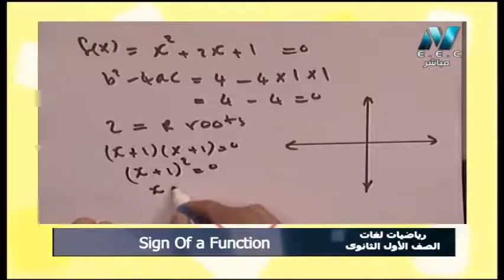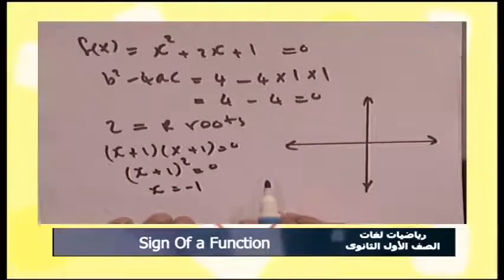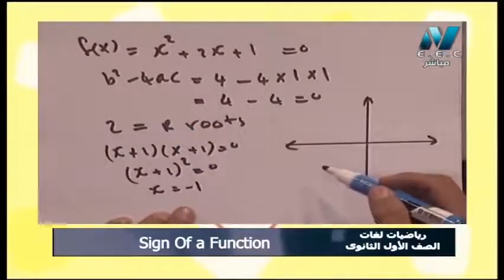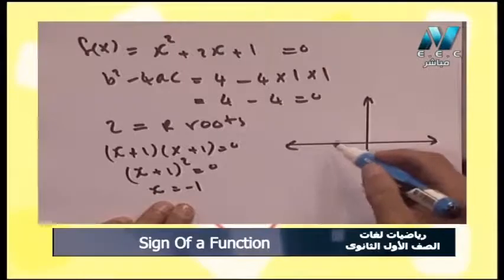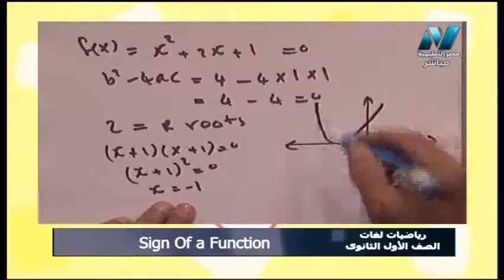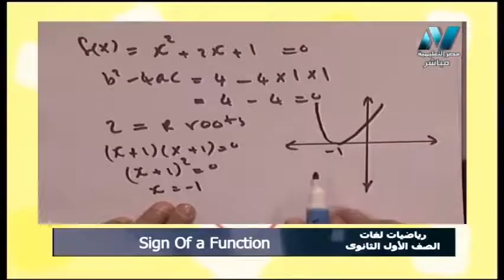So x equals negative 1. And the coefficient of x power 2 will be positive. So the function will lie completely upward of the x-axis here, but it passes through negative 1.